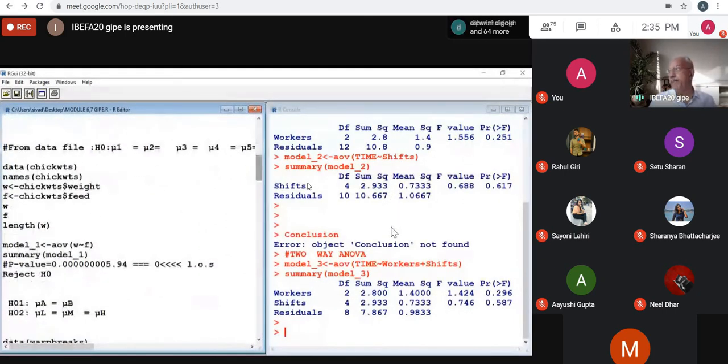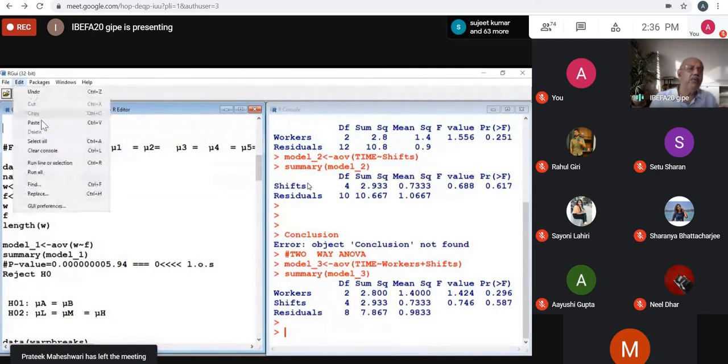This is by typing the data. Suppose if the data file is available, still you can work as usual.